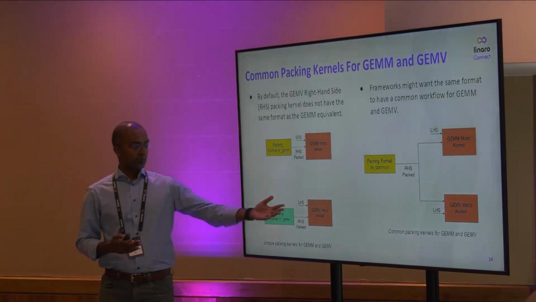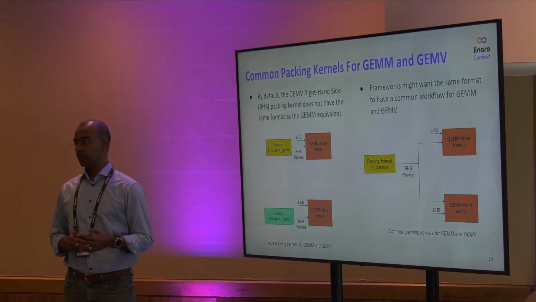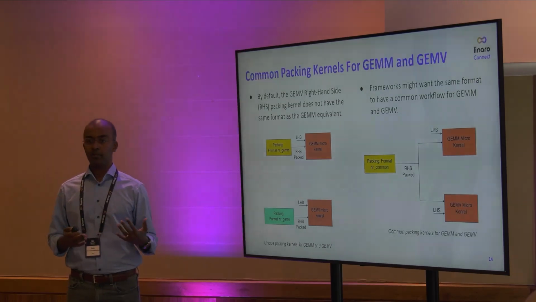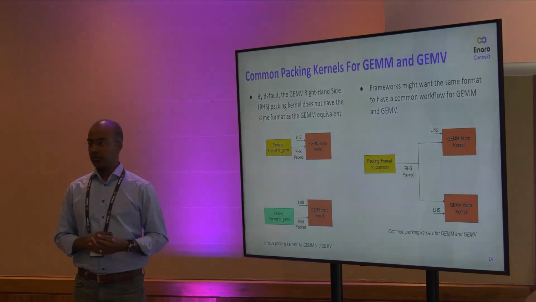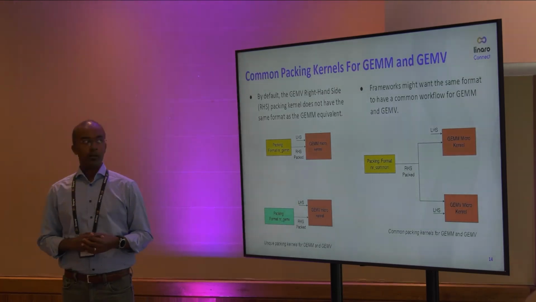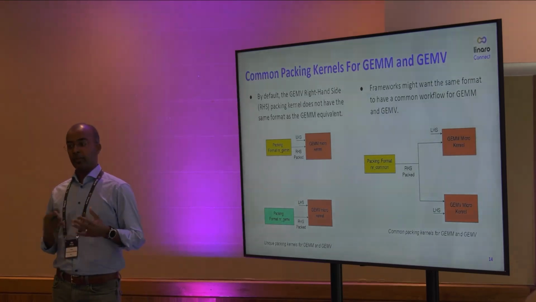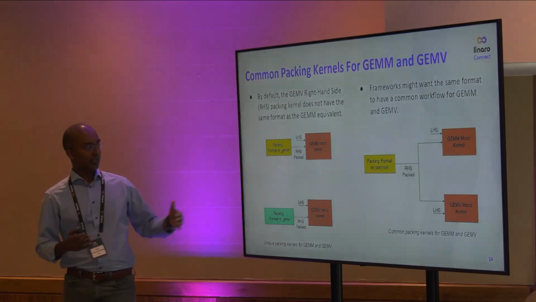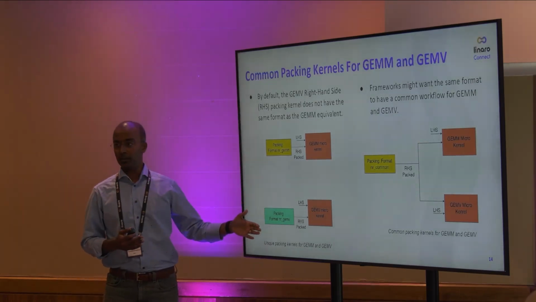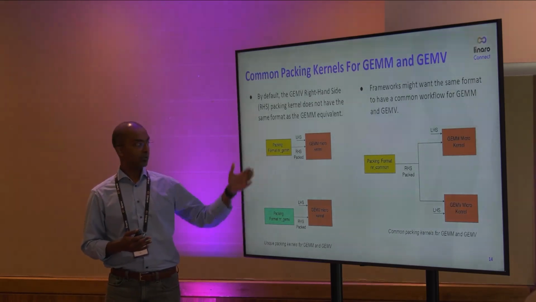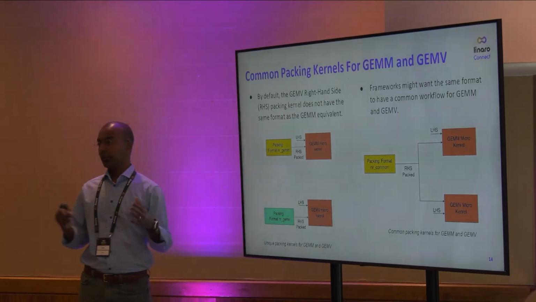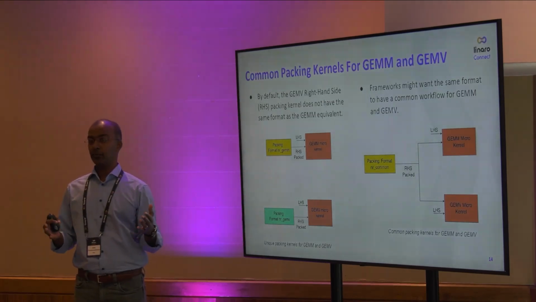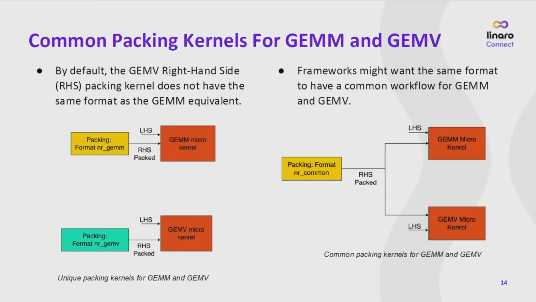Well, a GEMV has just one vector, so the register usage pattern is completely different. That usually leads to a different packing format. But some frameworks don't like handling multiple different packing kernels for GEMM and GEMV. They look at it as, I want the same packing format for both GEMM and GEMV.